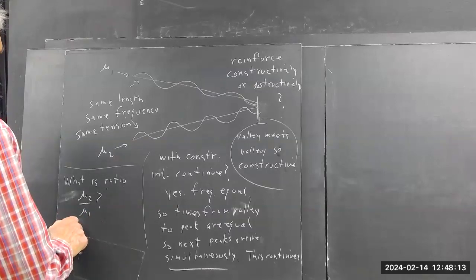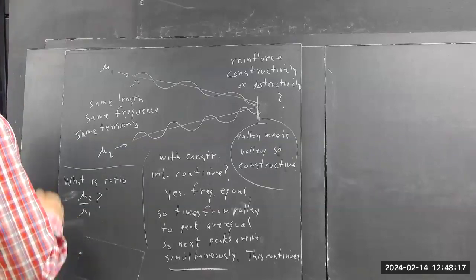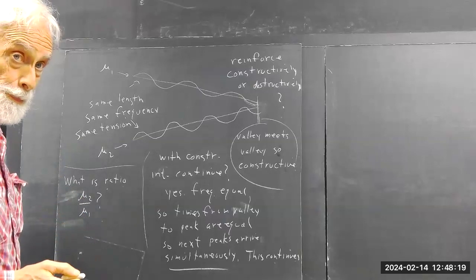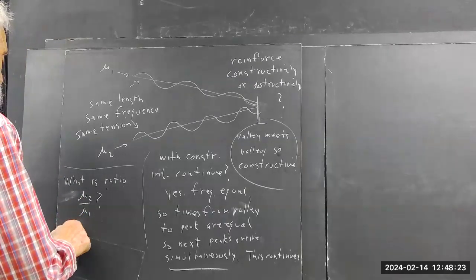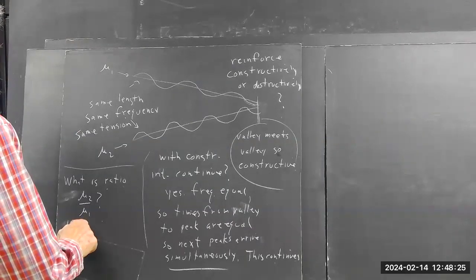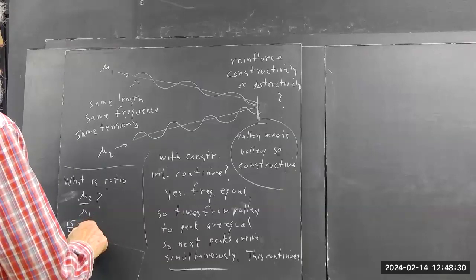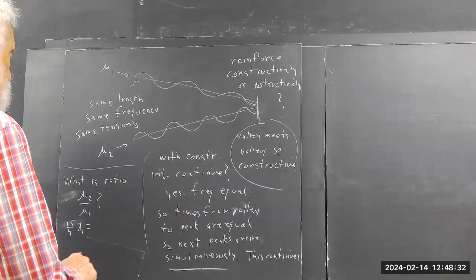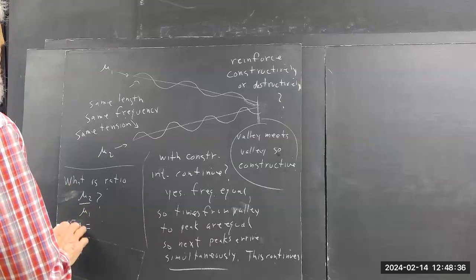I'm going to say it this way. You have 3 3/4, which is 15/4 lambda 1. Oh wait, it's 2 3/4.